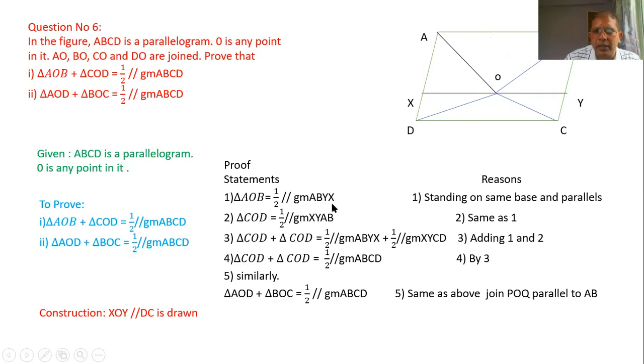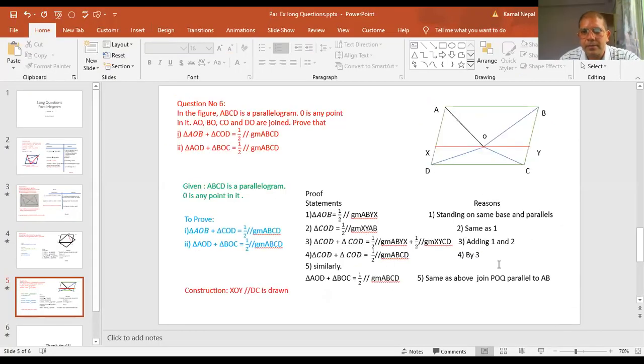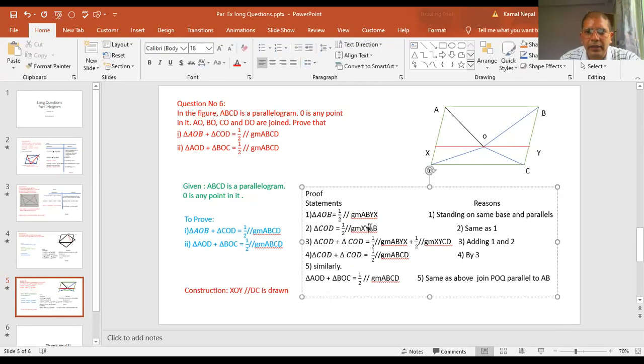I want to correct: it is XYCD parallelogram, which is double this triangle. That means triangle COD is half of this parallelogram.